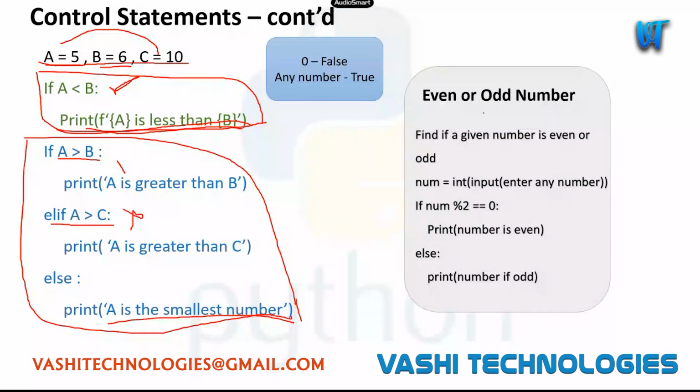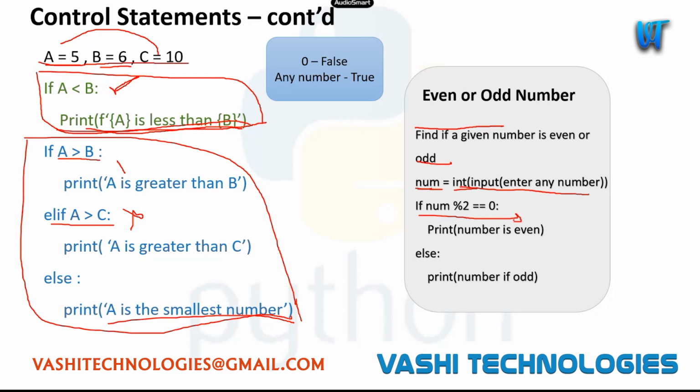And I think when working with lists, we have seen this particular program: find if a given number is even or odd, right? We tried printing all our even numbers in case of lists and tuples. So it's a similar program. This is a simple if else block where we take input from the user and store that input in the number variable after typecasting it to integer, and we check if it is perfectly divisible by 2 or not.